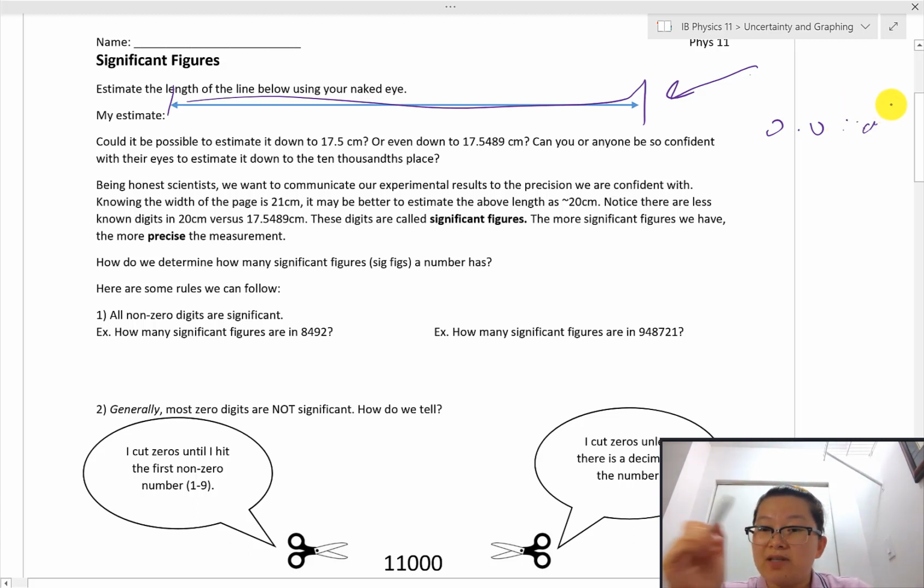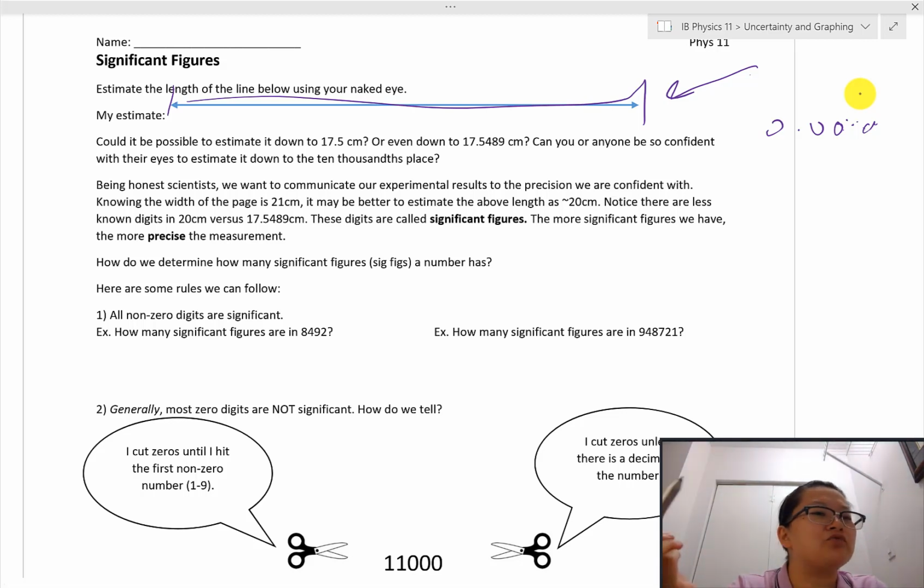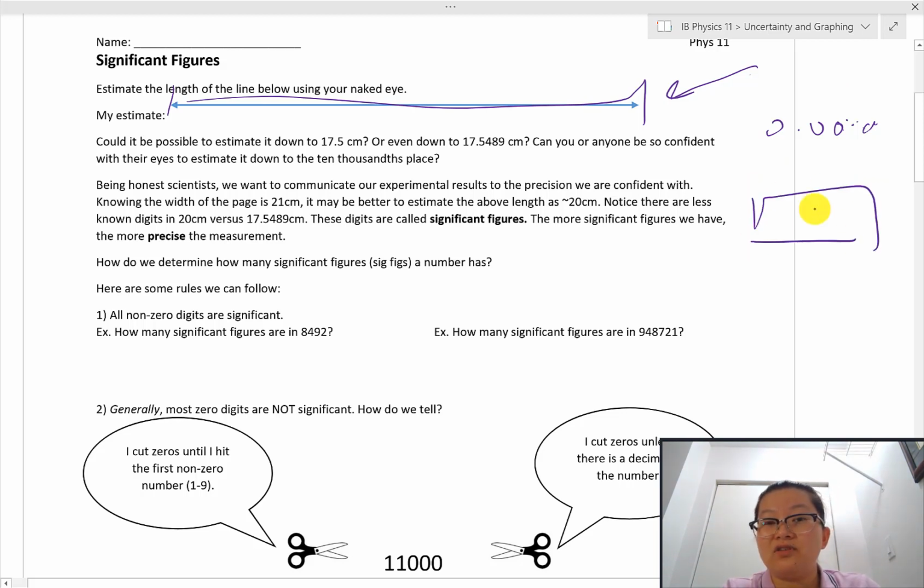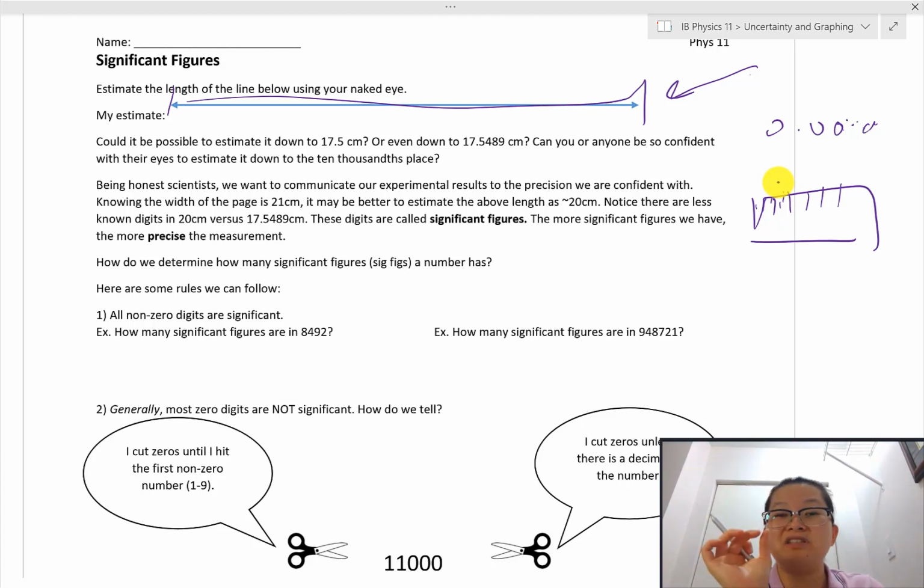So that's an instrument that can be very precise. It can communicate more digits, as opposed to a ruler, which I unfortunately don't have in this room, or a very poor ruler that has centimeter gradients and doesn't have those little lines for the millimeter gradients. Then I would have a less precise number. I wouldn't be able to communicate more digits.